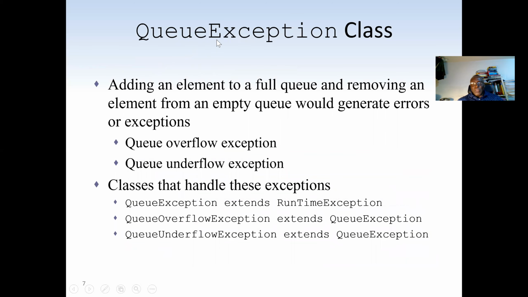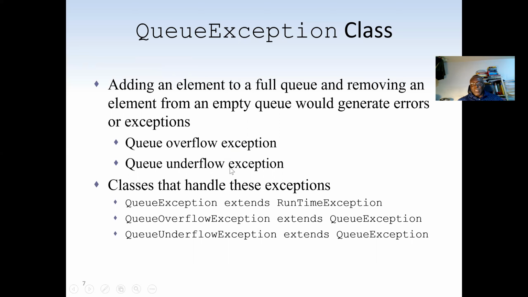We also have the queue exception class, since this is an array implementation. The two exceptions we are going to be more concerned with are overflow and underflow. Overflow means the queue is full and there's no space. When I insert an element, I'll get an overflow exception.